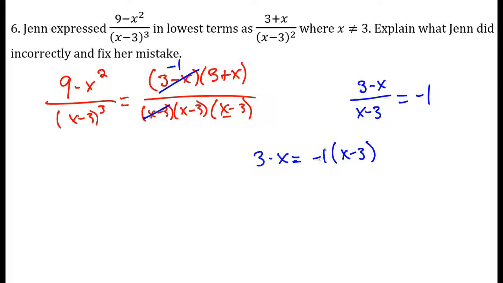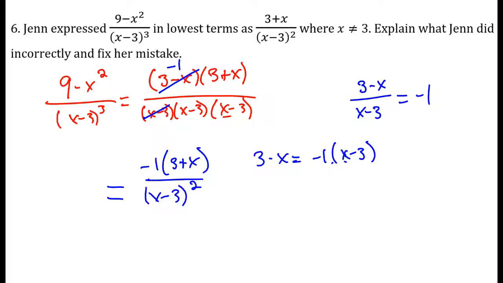We could redistribute that in, negative x plus 3, and then use the commutative property. So 3 minus x and x minus 3 do divide out, but they leave behind that negative 1. So what Jen should have had as her final answer was negative 1 times 3 plus x over x minus 3 squared, because I only have 2 factors of those left now.